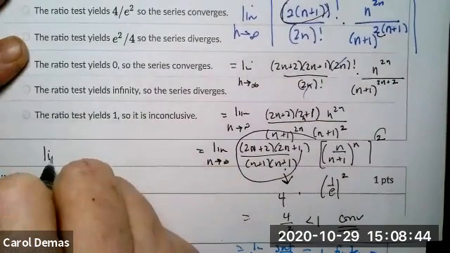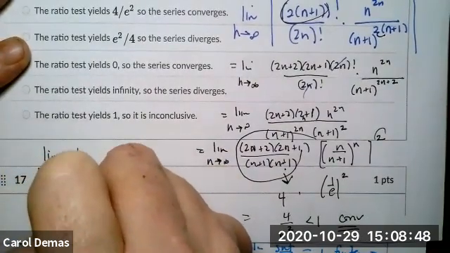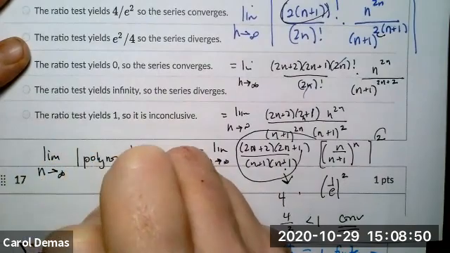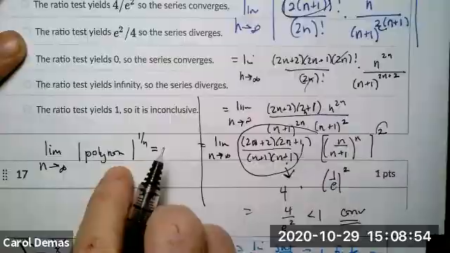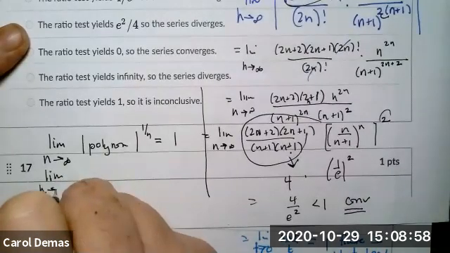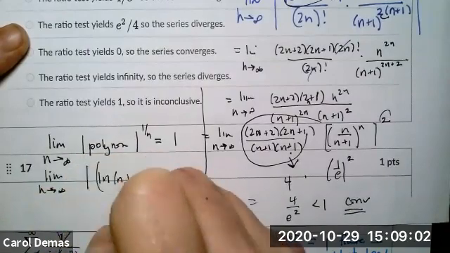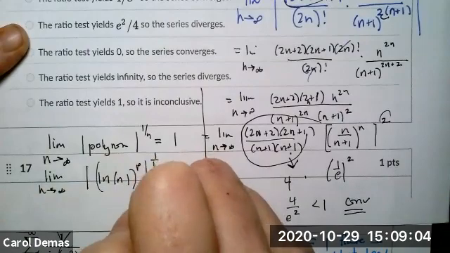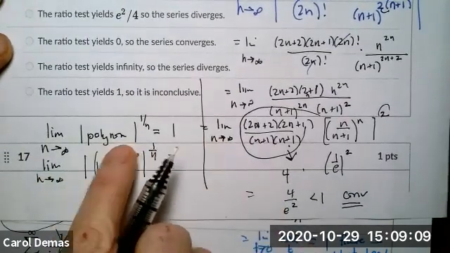Some people didn't get my email. If you are doing the root test and you have a polynomial to the 1 over n, do you remember what that limit is? 1. Okay, and if you have a function that is lesser degree than a polynomial, like the log of n to the p, what do you think that's going to give you? 1.